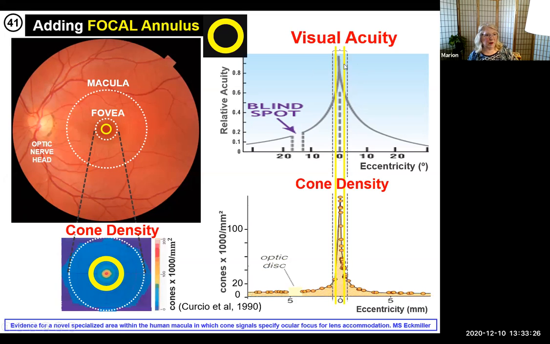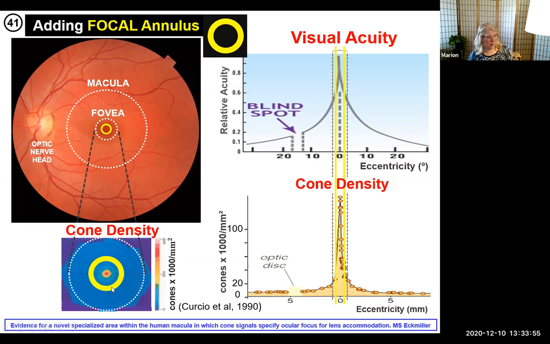It's going to, on the visual acuity, be located as lines. They're not very easy to see, but they're just beside the highest visual acuity and just peripheral to the area of highest cone density, as shown here in the lower left, Christine Curcio's beautiful diagrams of the cone density.